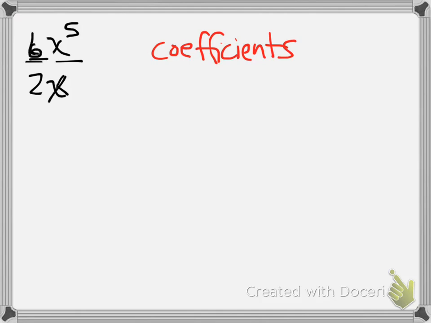Okay. All right, so let's do what we did on the last one. Let's talk about meaning. What does 6x to the 5th mean, Liam? How would I write what 6x to the 5th power means?